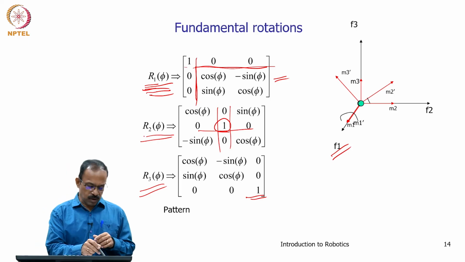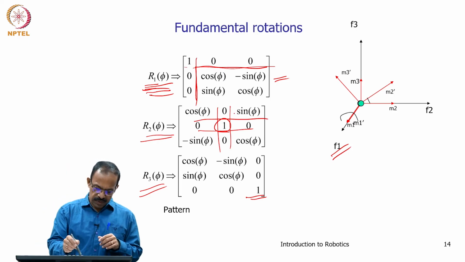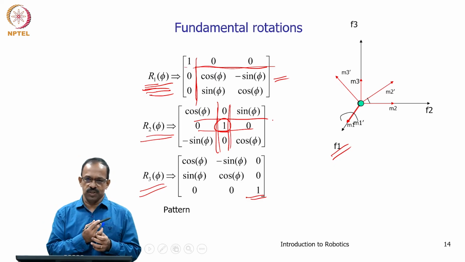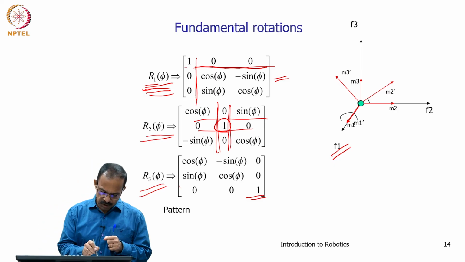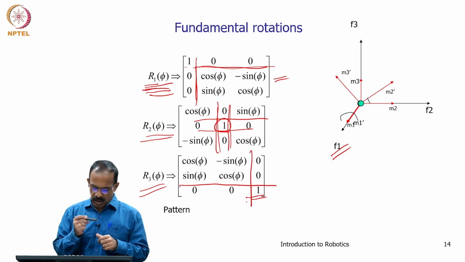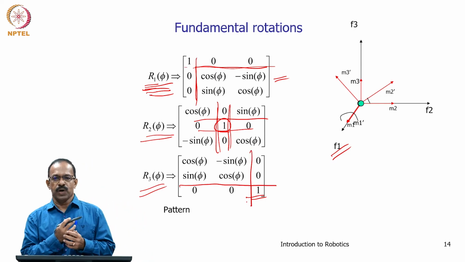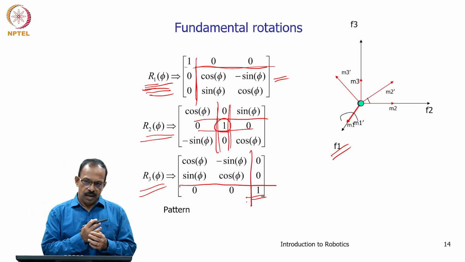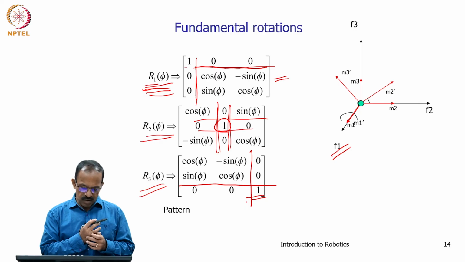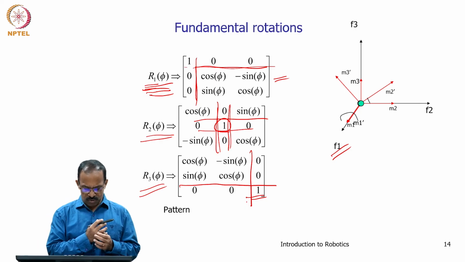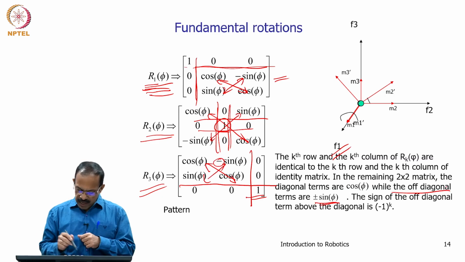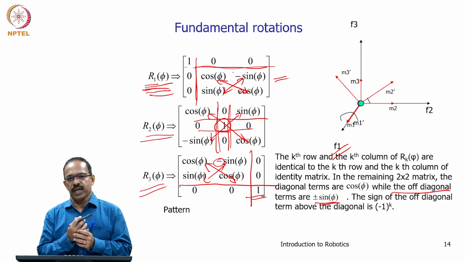If the rotation is with respect to the second, then the second row and the second column will be part of the identity matrix, 0 1 0, 0 1 0. Similarly, if the rotation is with respect to the third, the third row and third column will be 0 0 1, 0 0 1. So, that is the pattern, and then the diagonal will always be cos phi. See, this diagonal element will always be cos phi. Off diagonal elements will always be plus or minus sin phi.